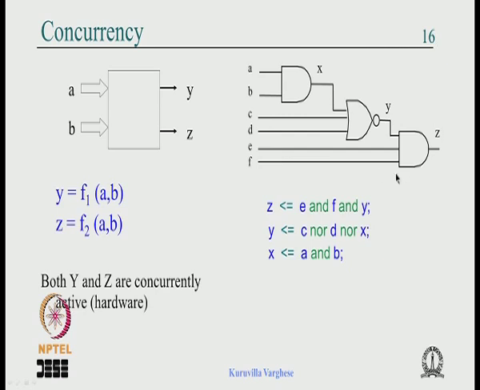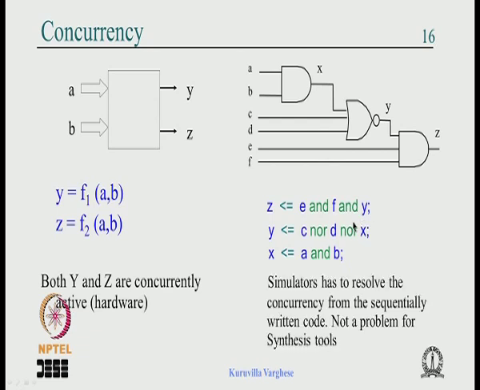When you interconnect, it's complex code, this particular block itself has a lot of code, and when everything is interconnected at the top level, it's very difficult to analyze which way the data flows, you cannot keep the order, and things will be messy. So the simulator has a tough job of resolving the concurrency from sequentially written code.